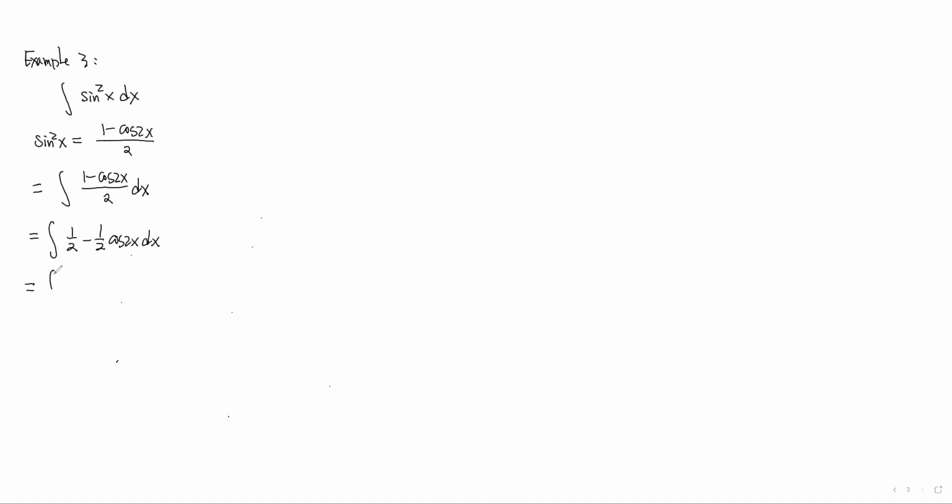So let's continue. This is half dx minus half cosine 2x dx, right? For the first term, the antiderivative is this. For the second term, what's the antiderivative? Right? What's the antiderivative for this?